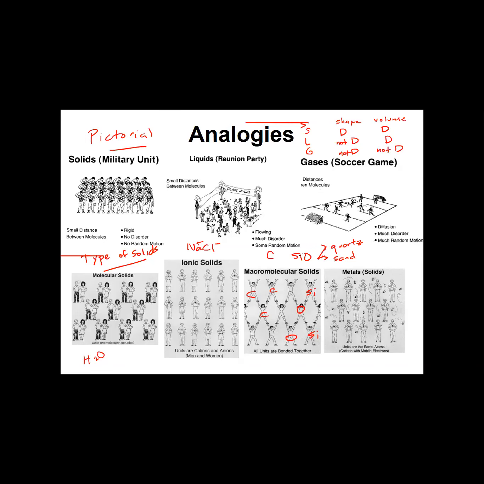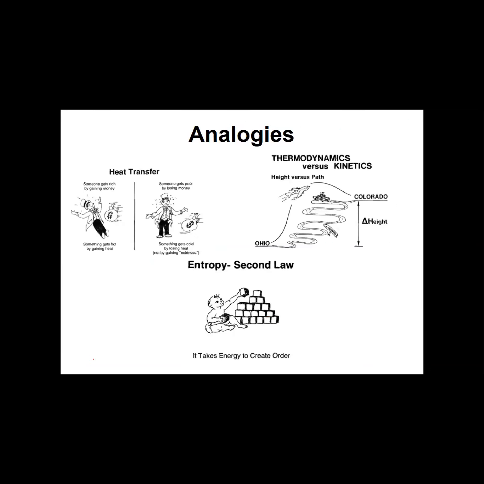So the units are the same atom, cations with the so-called mobile electrons. Usually you have this sea of electrons that allows metals to be good conductors of heat and electricity. So that's how the pictorial analogies were presented.